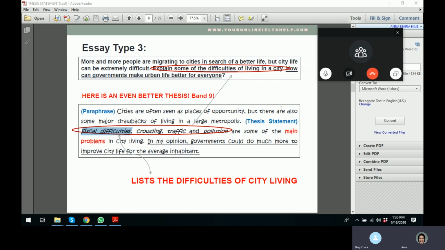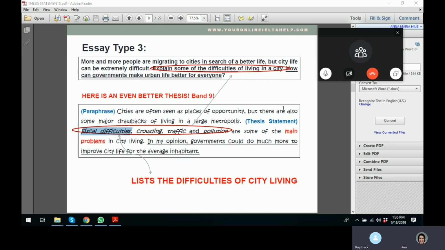Traffic. The government can provide other means of transport, such as the train system, or maybe flights that can help decongest the traffic system in a city. Okay. Very good. Or perhaps the government can also construct other routes of transport instead of using the main ones.